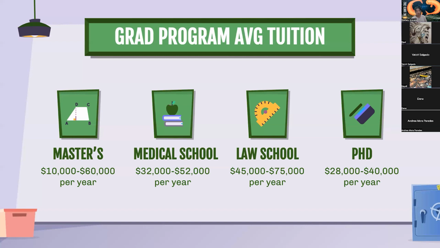So it is a bigger investment. But PhDs have a lot of funding out there. And in most cases, when you're applying to a grad program, especially at UCs, there is a funding guarantee. And yes, I have fellowship resources and links. I will go through that in the next couple of slides.